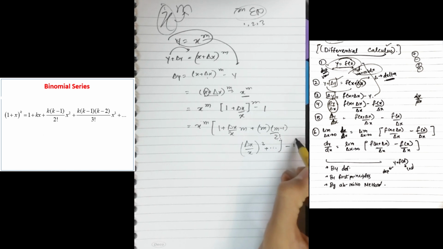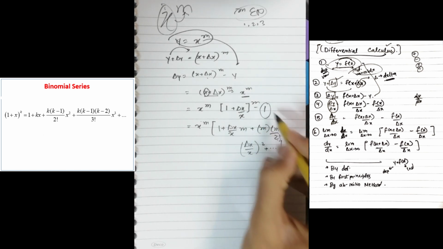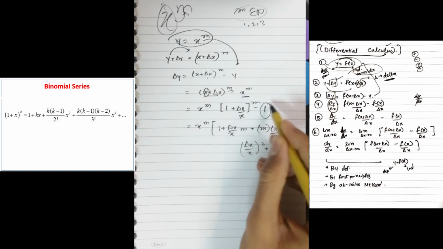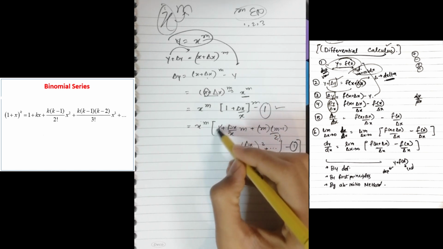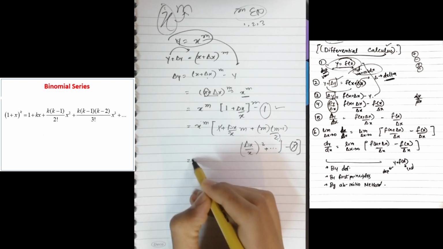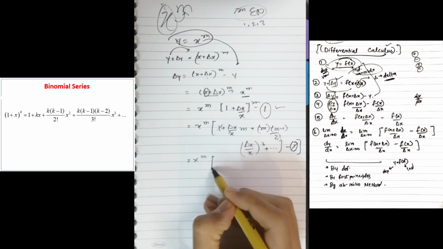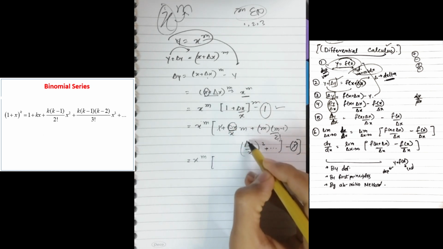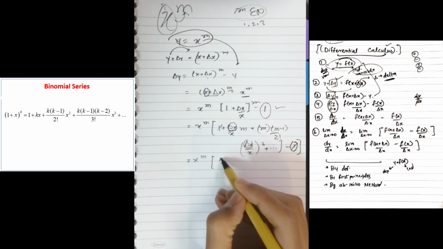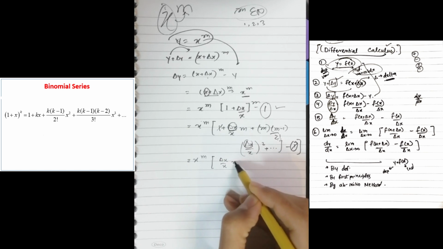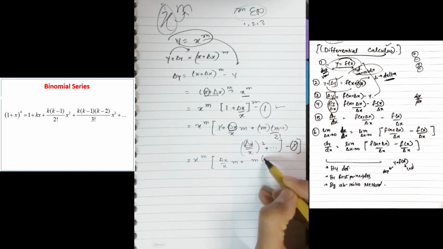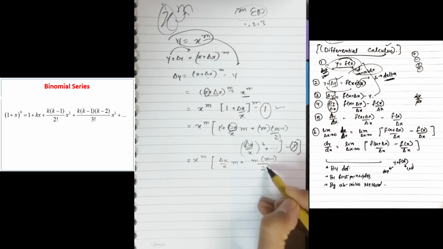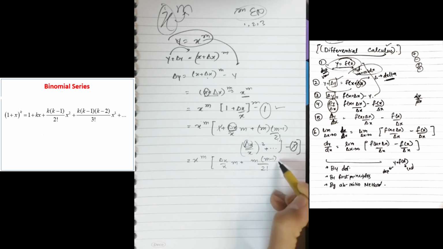So we have minus 1 over here. This is the same minus 1 which I brought from the earlier step. So 1 and 1 are cancelled, and what is remaining? x power m, and you can see that there's a delta x and there's a delta x. So let me write this over here: m delta x over x, plus m times m minus 1 divided by 2 factorial, delta x square divided by x square.